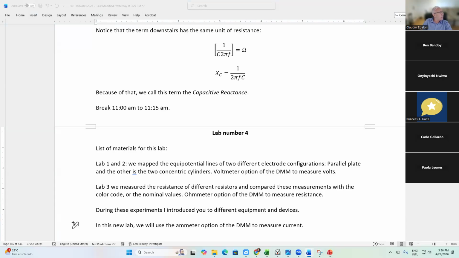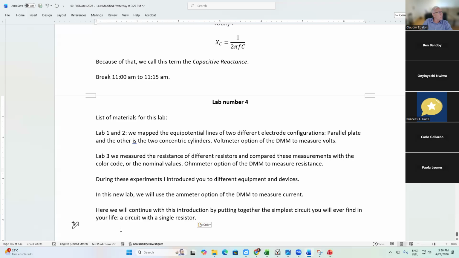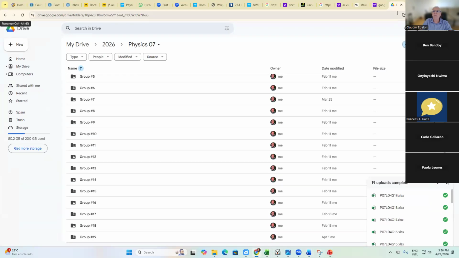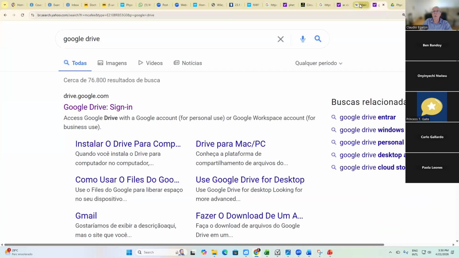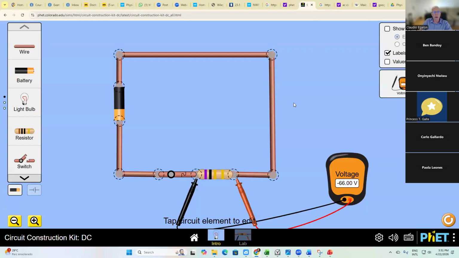And so today we will continue with this introduction by putting together the simplest circuit you will ever find in your life. A circuit with a single resistor. And the circuit with the single resistor is exactly the one that we saw in the PhET simulation, right?